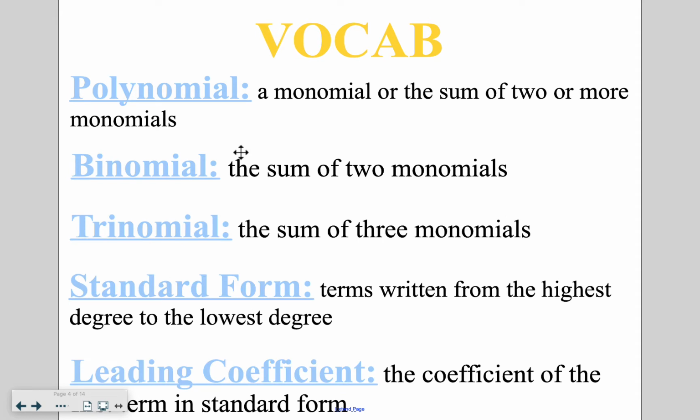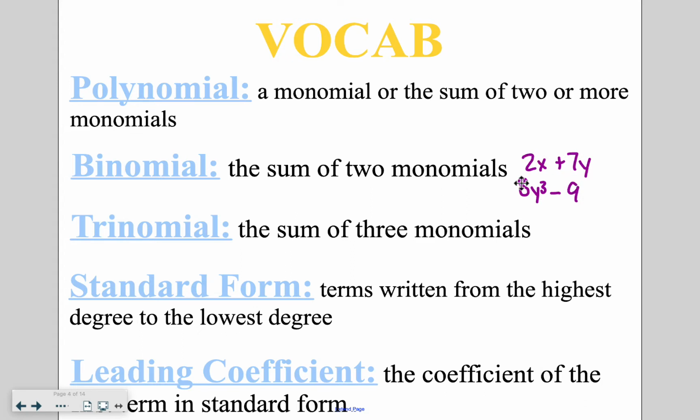When we expand into polynomials, this is where we can start bringing in adding and subtracting. So a polynomial is a single monomial, so it could be just a monomial, or it can be the sum or difference of 2 monomials or 3 monomials or 7 monomials being added. If it's just 2, we specifically call it a binomial, so there's 2 parts, so it could be 2x plus 7y, or it could be 8y to the third minus 9, are both examples of binomials.